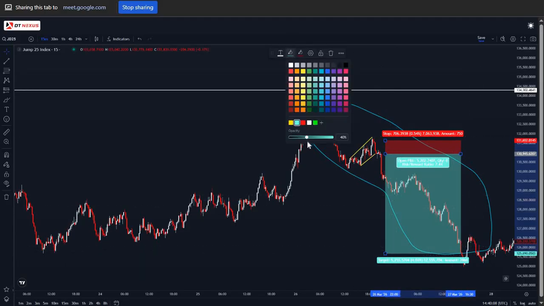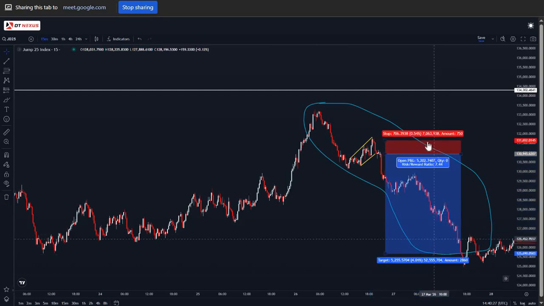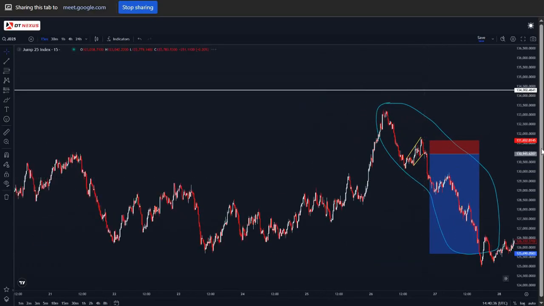So let me just get things right here. It would have been a nice 4%, if you could only read what the market is trying to tell you.